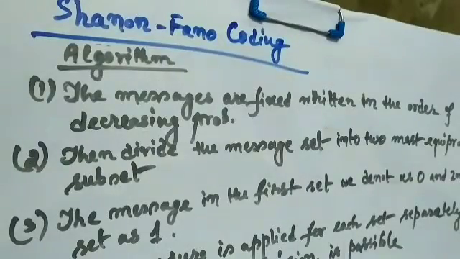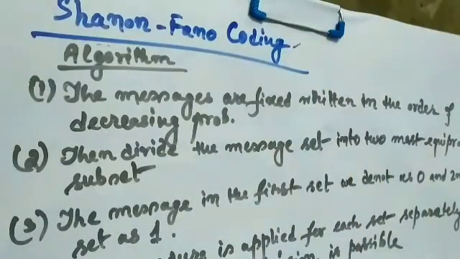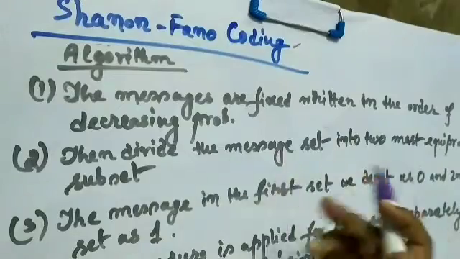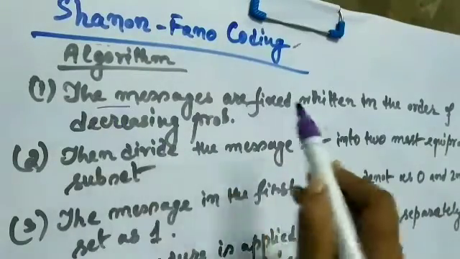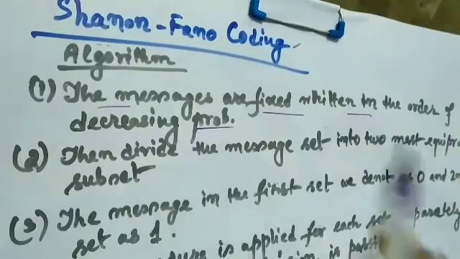Under Shannon Fano coding, an algorithm is written and we have to follow this algorithm if we want to construct the code word from the symbols given. The first step is that the messages are arranged in the order of decreasing probability. That means some numbers are given in the form of message bits.